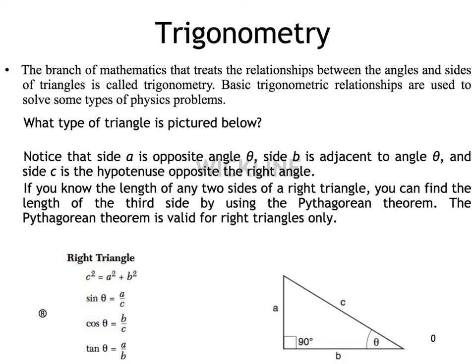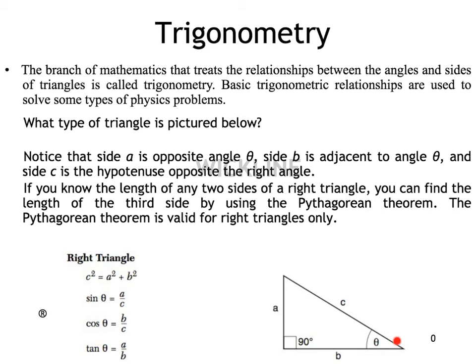So notice that side A right here is opposite angle theta. So there's angle theta, and here's side A. We consider that opposite. Side B, which is down there, is actually adjacent to angle theta, meaning it's sort of like right next door.